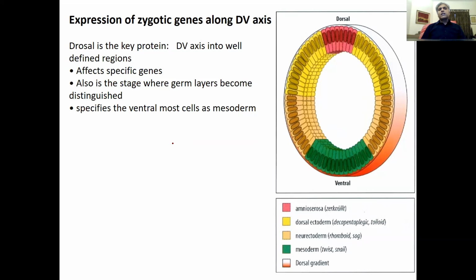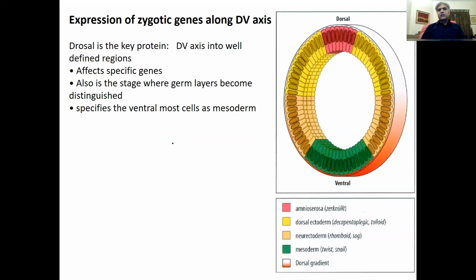Now, how dorsal achieves all this? There is a cascade of gene expression which is activated. Dorsal is a transcription factor. As soon as it moves into the nucleus, it activates two genes. One is called twist and the other is called snail.